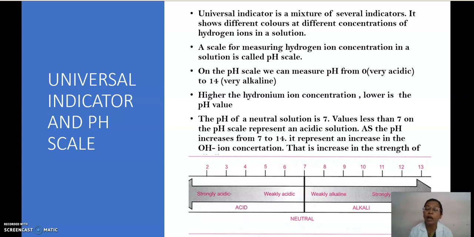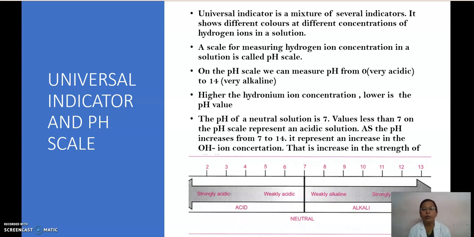That means it is a concentrated acid. In such a case, the pH value will be the minimum, that is 0. 0 indicates that it is highly acidic, that means strongly acidic. So the pH value will be 0 or 1 when the acid is strong.